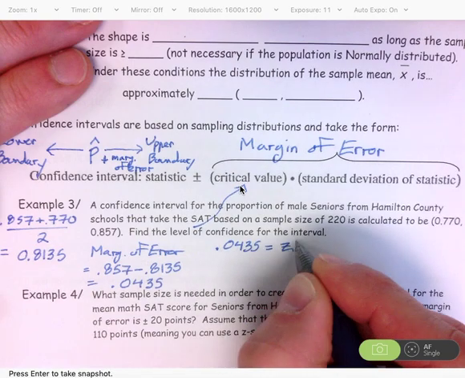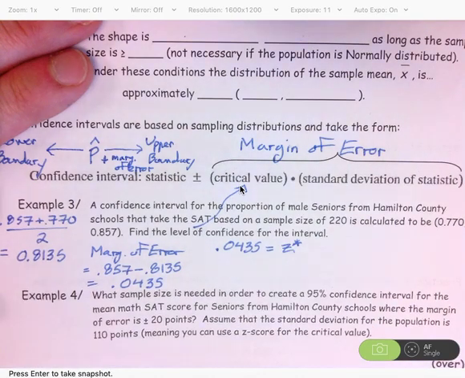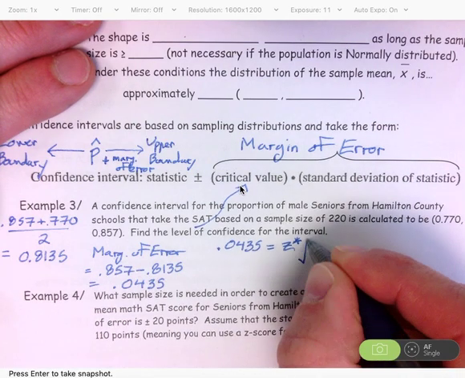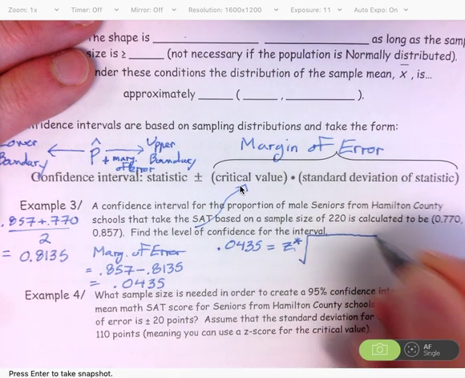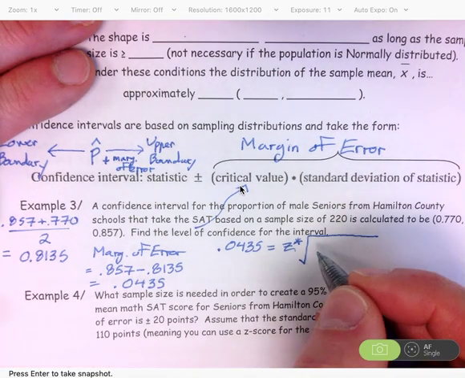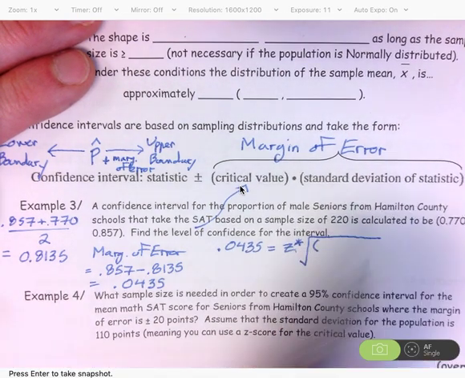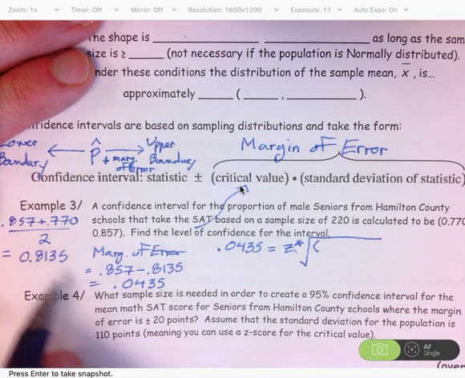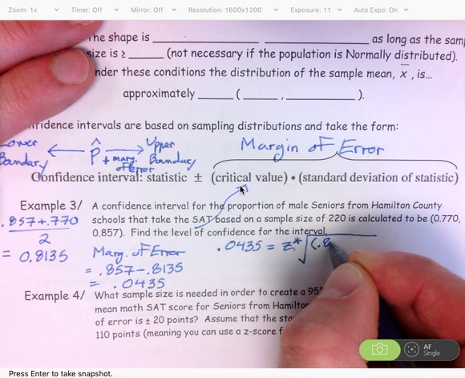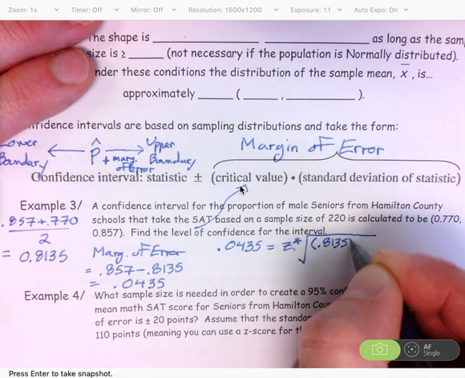My critical value, which would be a z-score here because these are proportions, times the standard deviation of this statistic, the standard deviation from this statistic's sampling distribution, which we reviewed today. So to find that standard deviation, I would use my statistic, the 0.8135. That's my best guess at the truth.